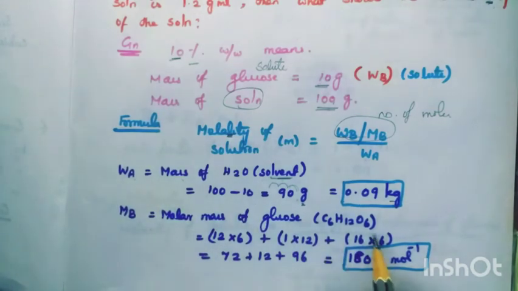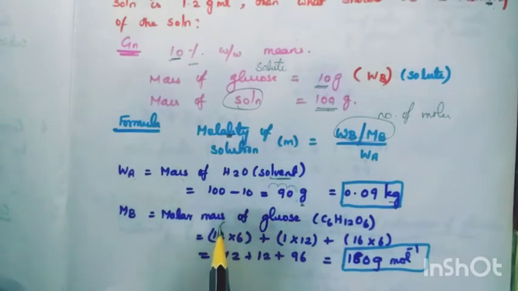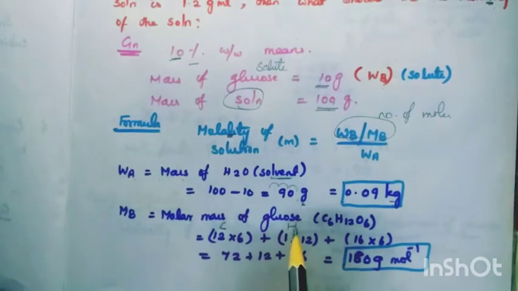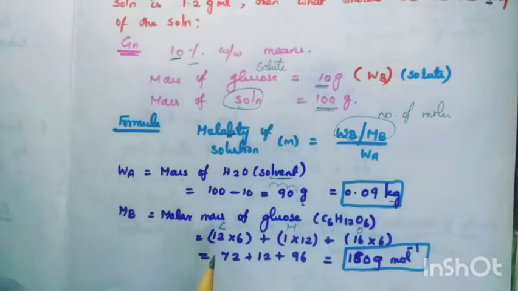Formula C6H12O6. Carbon atomic mass is 12, 6 carbon is 6 into 12. 12 hydrogen, 12 into 1. 6 oxygen, 6 into 16. So overall molar mass is 180 gram per mole. So we found the mass of the solvent and the molar mass of glucose, so that we can substitute in the formula.